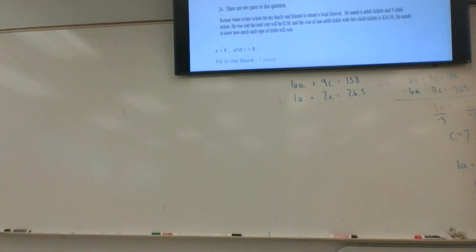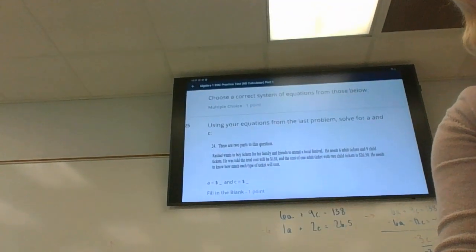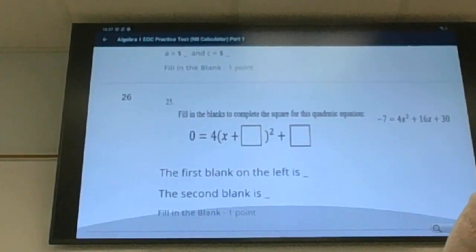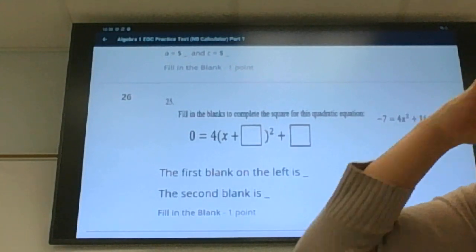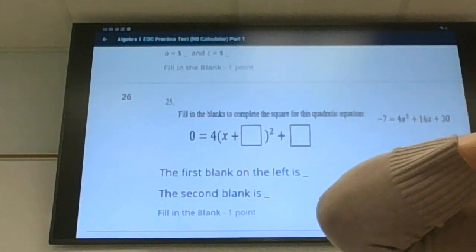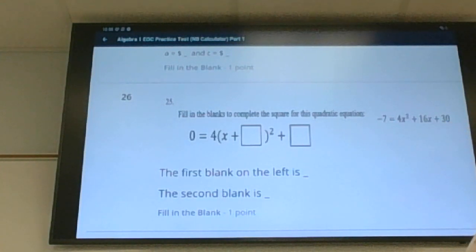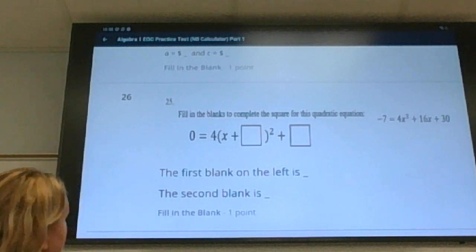So we covered all of those, but to be honest with you, I did not teach you this last question. I don't have the answer on hand, but I guess I'll solve it really quick. This is called vertex form.